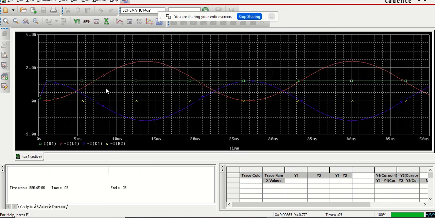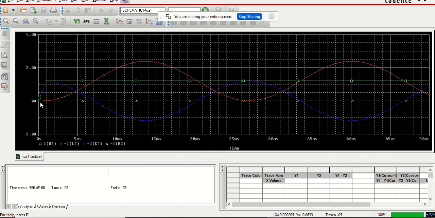This is the comparison for current flow at all branches. The green color graph is for R1, the yellow color graph for R2, the purple color graph is for L1, and the red color graph is for C1.